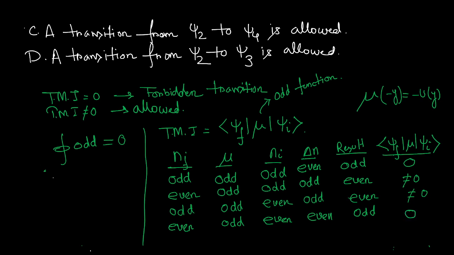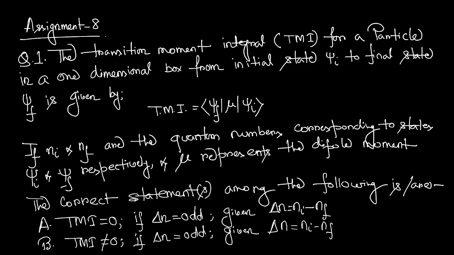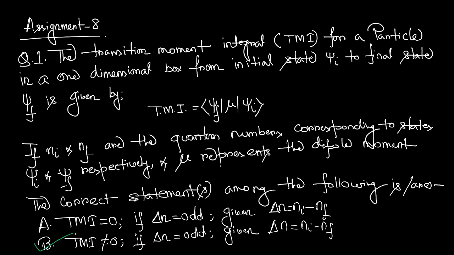So for TMI not equal to 0, the delta n should be odd. With this we can say option B is the correct one.